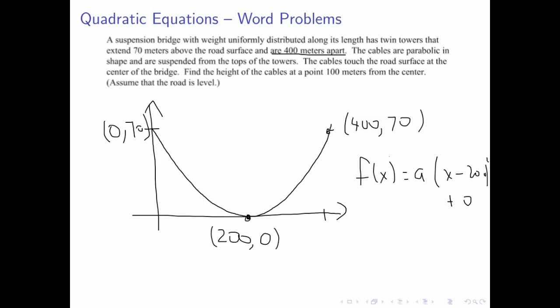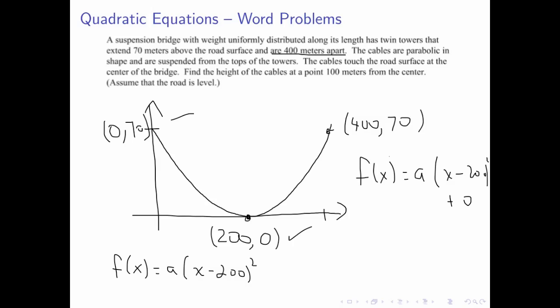This is that vertex form of the equation of a parabola. Let me write it over here so it's a little clearer. So f of x is some number a times x minus 200 squared. That does fit the vertex. If I put 200 in for x, I get 0 for y, so that works out. But it doesn't do anything for these other two points.